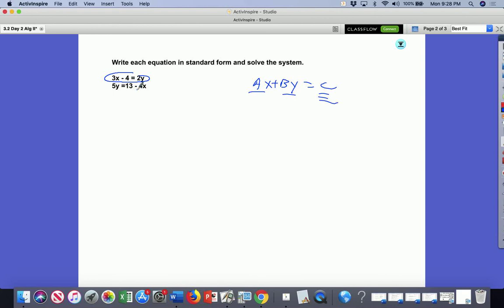Okay, so I'm going to subtract 2y to get the y's on the left and add 4 to get the numbers on the right. So the first equation would be 3x minus 2y equal to 4. And then if I added 4x to the bottom, I have 4x plus 5y equal to 13.